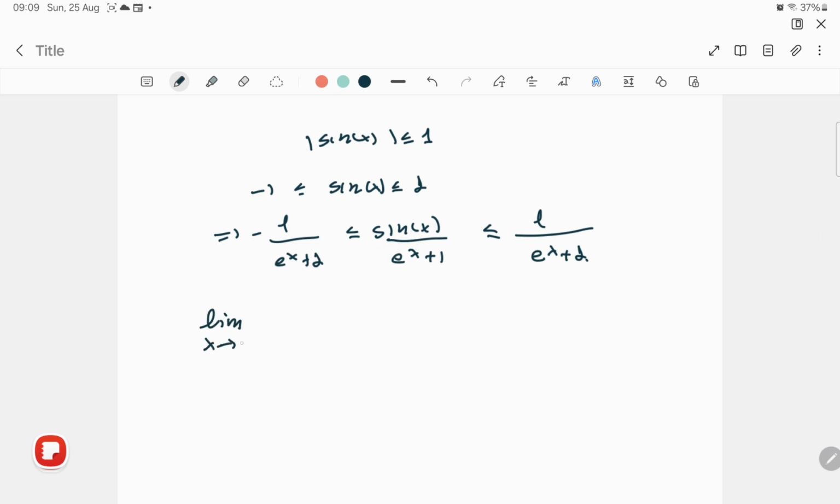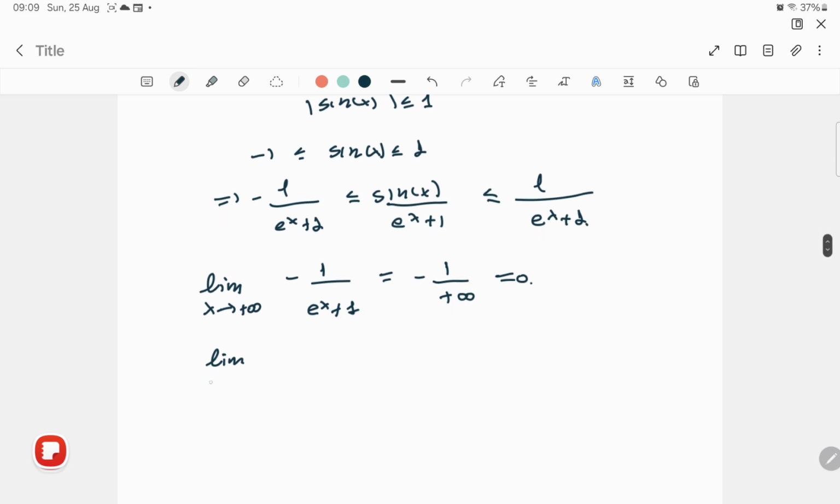Take the limit as x approaches infinity of minus 1 over e to the power of x plus 1. So the denominator blows up and this goes to 0. Similarly, for the other limit, I follow the same process.